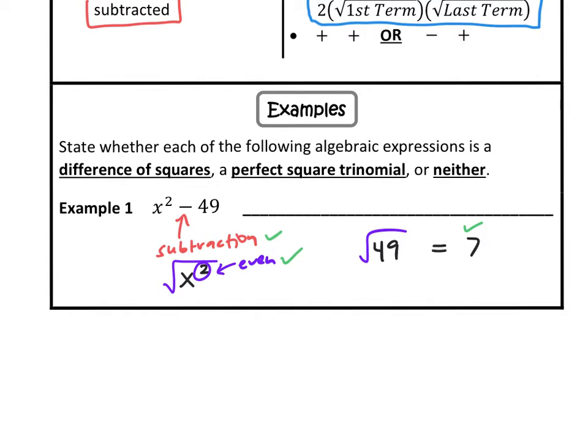So we have subtraction, we can take the square root of the first and the last term, and it's made up of 2 terms, so we have a difference of squares. Awesome. So let's jump to example 2.